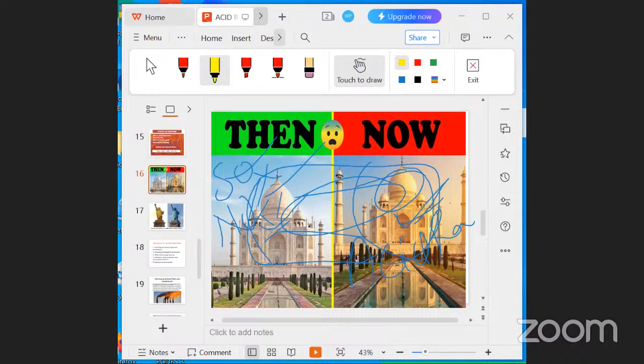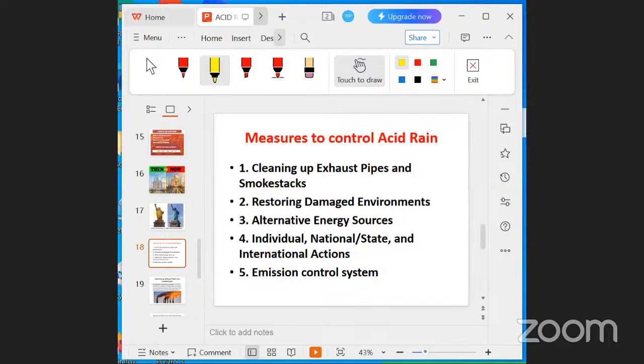Now we are going to see, what are the effects on public health? These are the measures to control acid rain.